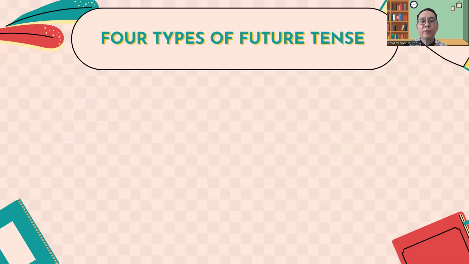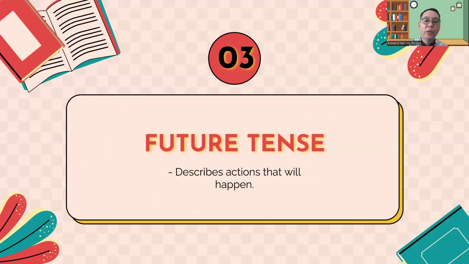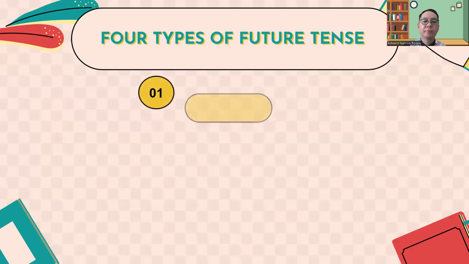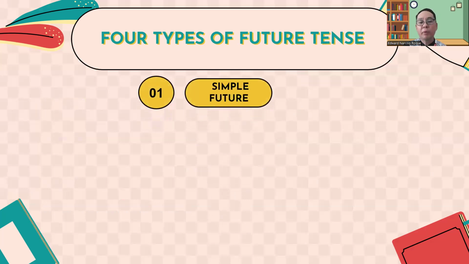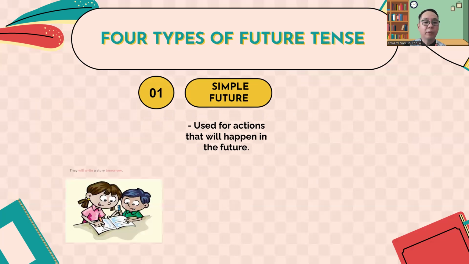And the third one is the future tense, which tells us about actions that will happen in the future. For example, we have the simple future. The simple future is used for actions that will happen in the future. For example, they will write a story tomorrow.